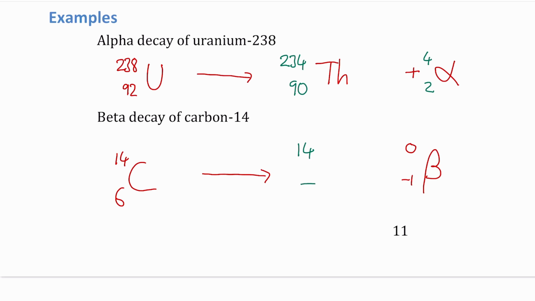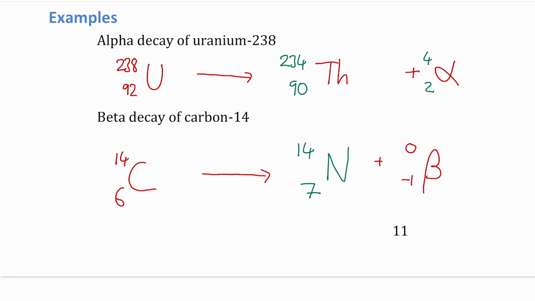That's going to be 7. And if we look up the periodic table to see what has an atomic number of 7, that's nitrogen. So carbon-14 decays into nitrogen-14, which is the bog standard nitrogen that we get in our air. Makes up 78% of the atmosphere. So carbon-14 turns into nitrogen and emits a beta particle.